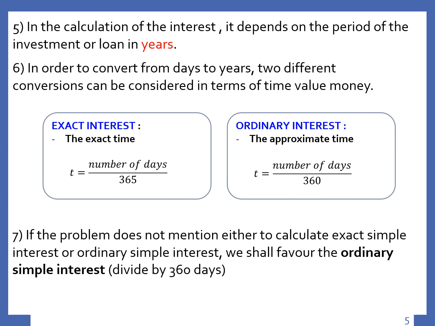Okay, look at note number 5. In the calculation of the interest, it depends on the period of the investment or loan in years. In order to convert from days to years, we have two different conversions that can be considered in terms of time value of money.